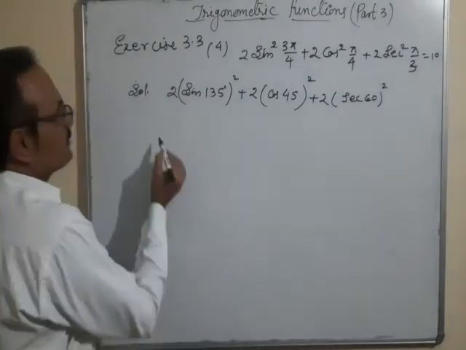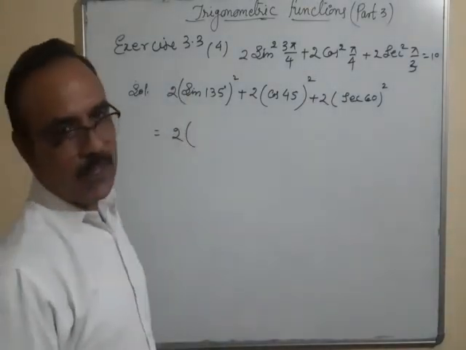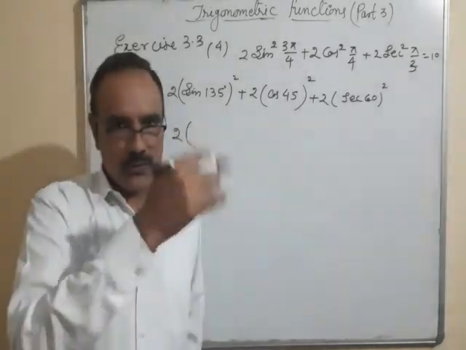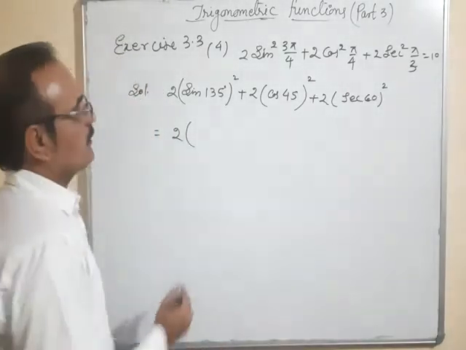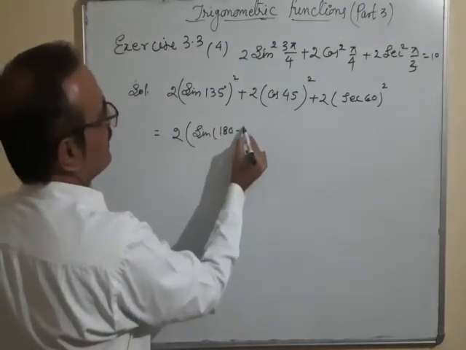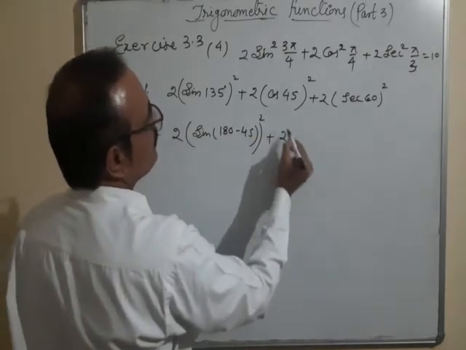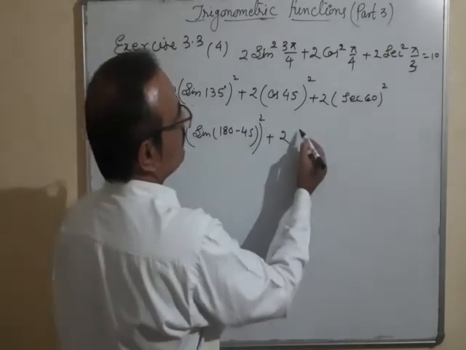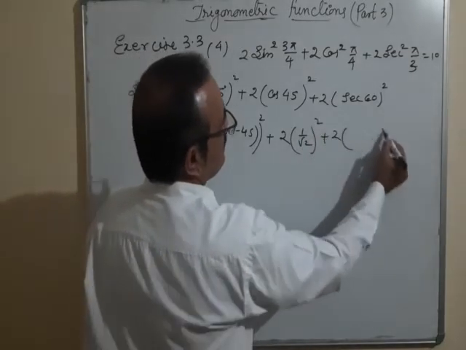Sine 135 we write as 180 minus 45, so 2 sine of 180 minus 45 whole square, plus 2 cos 45, 1 by root 2, whole square, plus 2 sec 60.